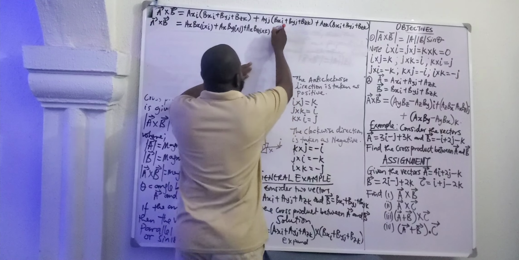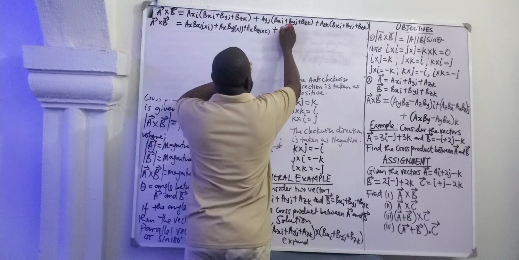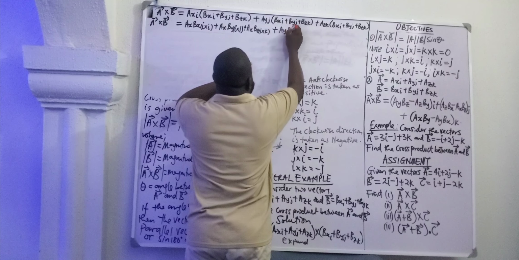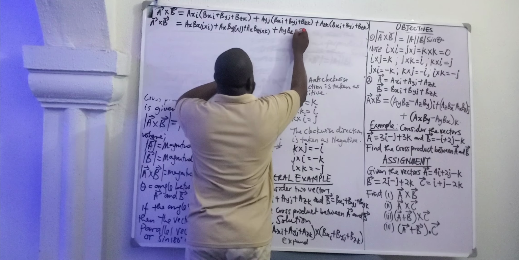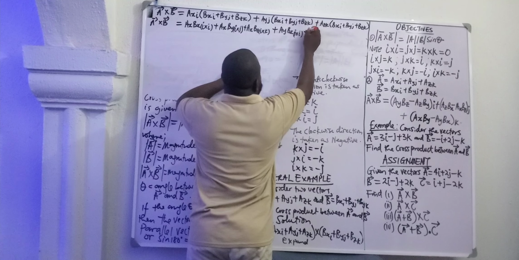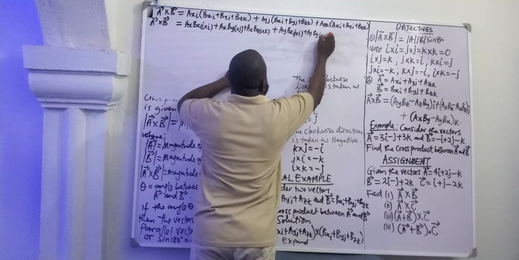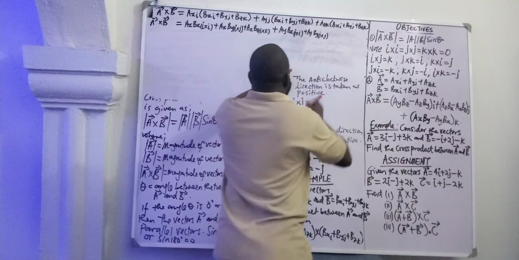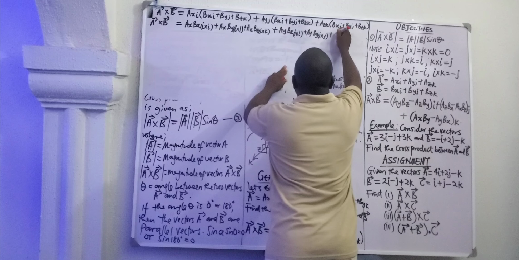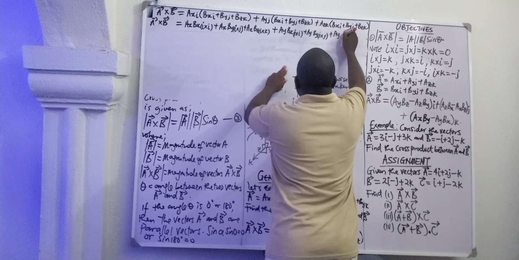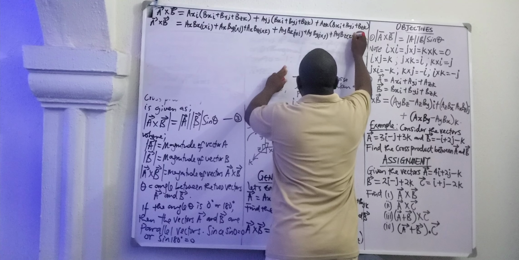The next term we have plus AY BX j cross i, plus AY BY j cross j, plus AY BZ j cross k.